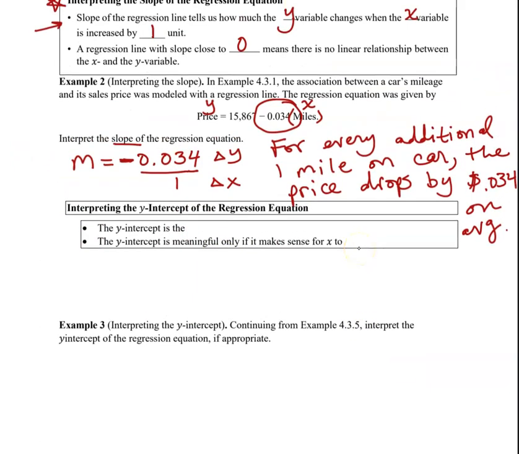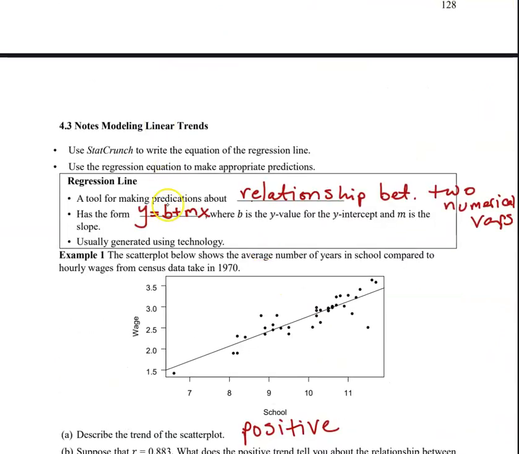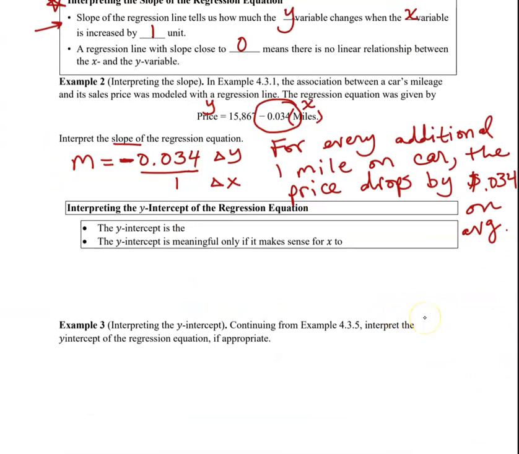So remember, the y-intercept is the other number in the equation. So that's the number that's by itself. So the y-intercept is the value when x is 0. Just like it was in algebra. I really want you to make the connection to what you did in your algebra class.